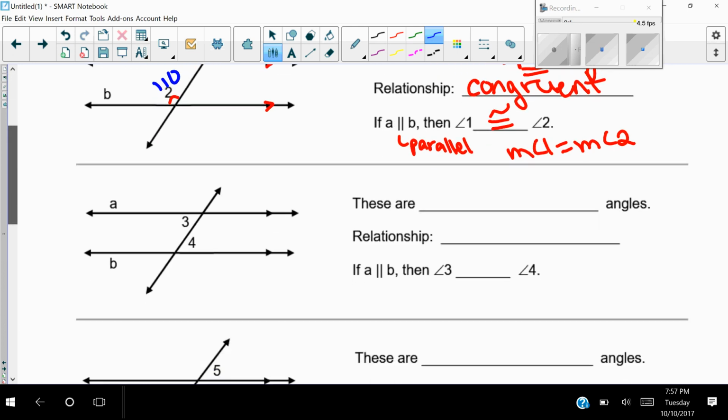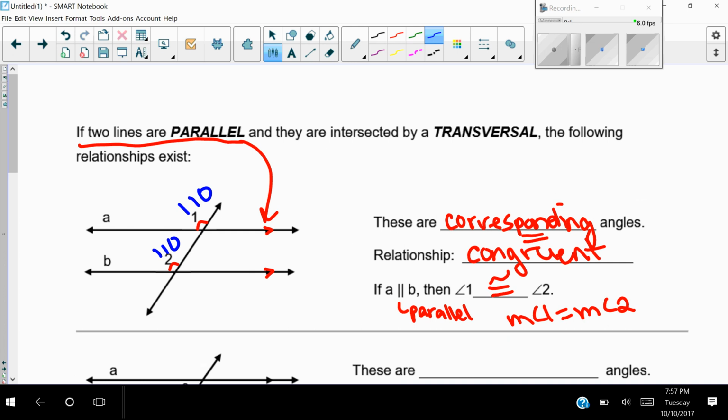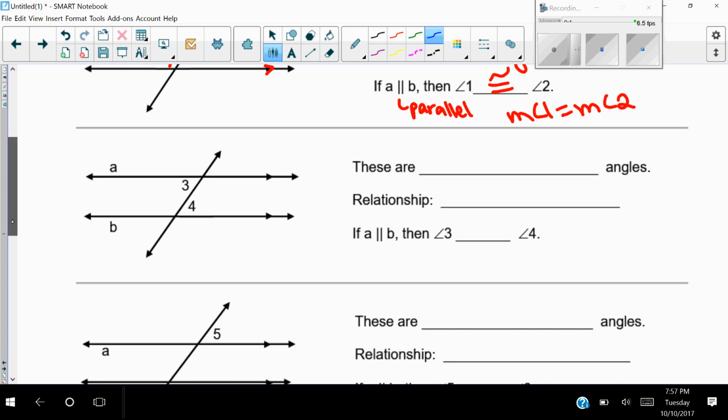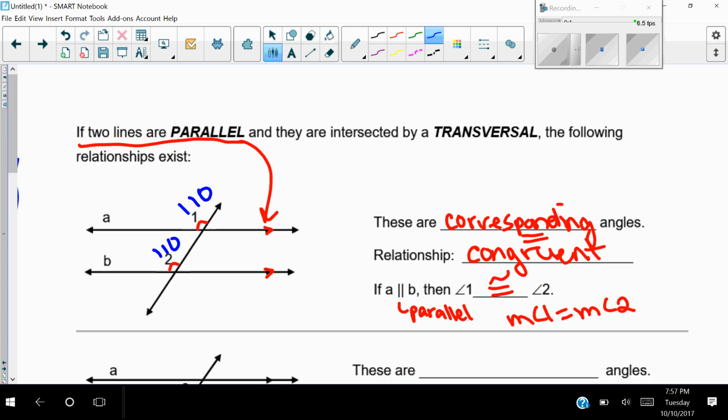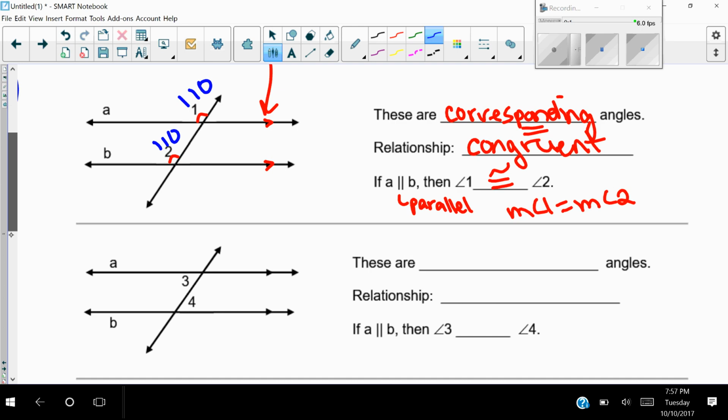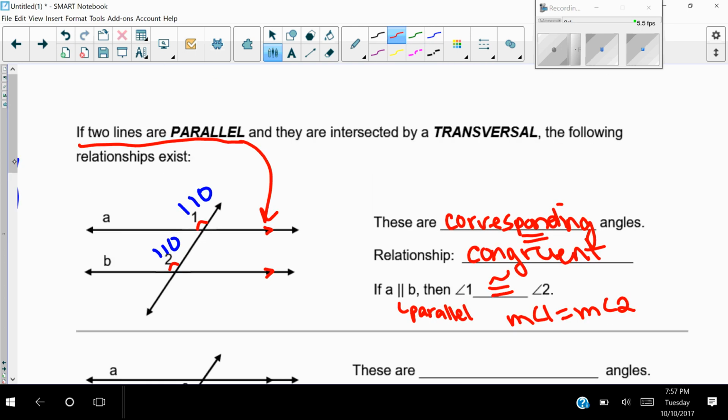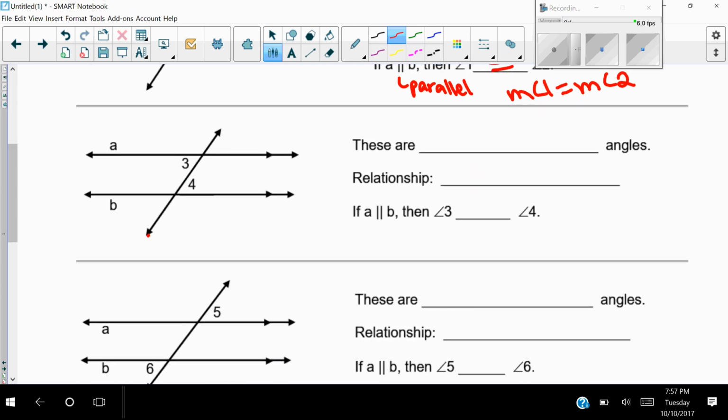Now the second set, these are on the opposite side of this transversal. So highlight your transversal in red. And they're both in between the parallel lines. They're interior angles, but 3 is on the left-hand side and 4 is on the right-hand side.